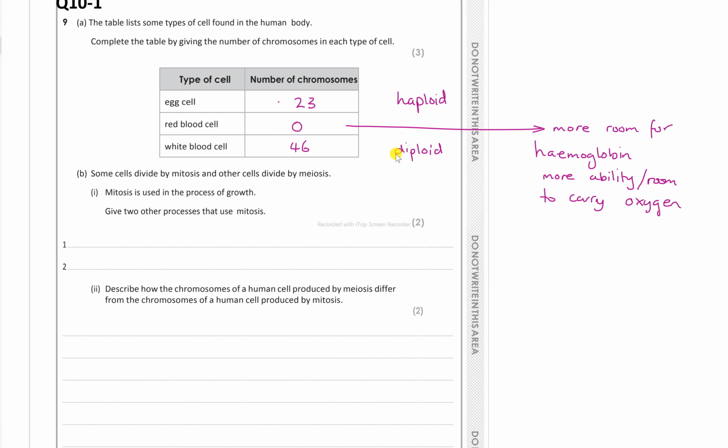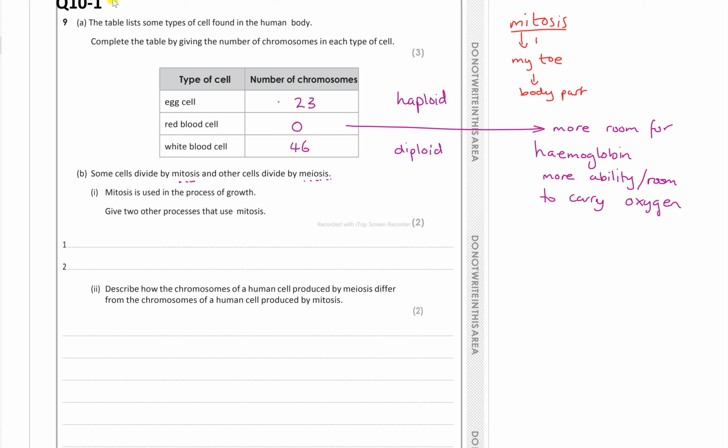Some cells divide by mitosis, others divide by meiosis. So mitosis. This is my toe. My toe is a body part. So body cells divide by a process called mitosis.